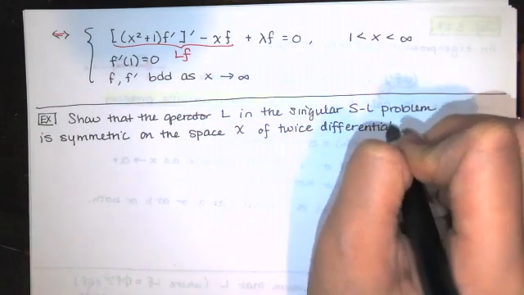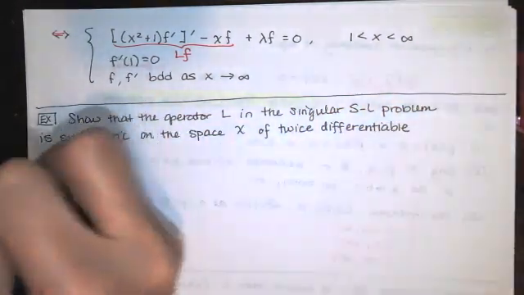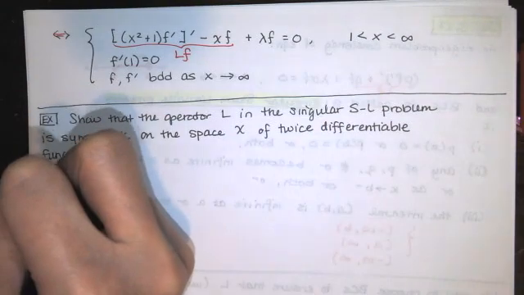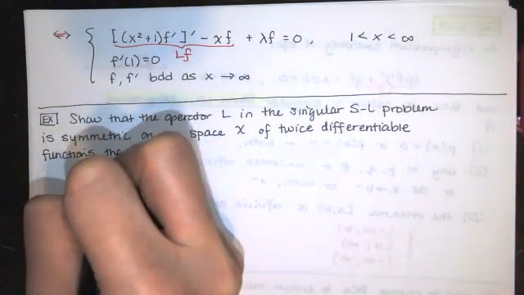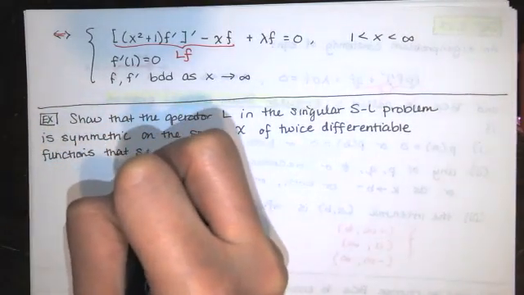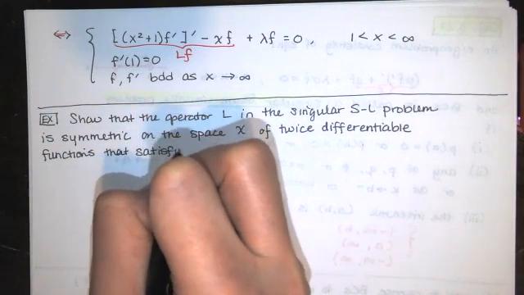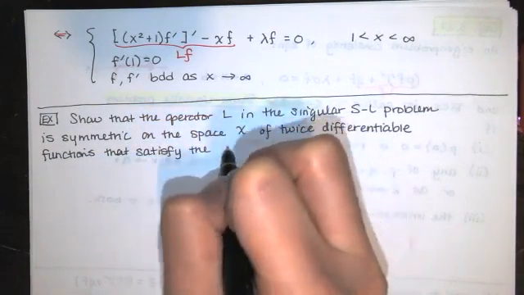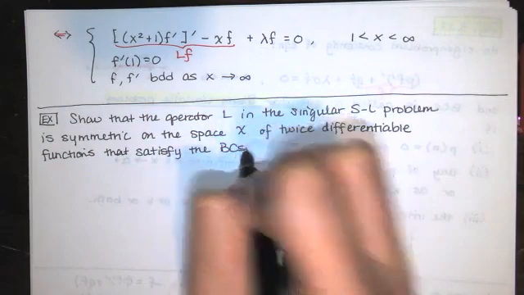We want to be able to take that second derivative of F, that satisfy the boundary conditions in the problem.